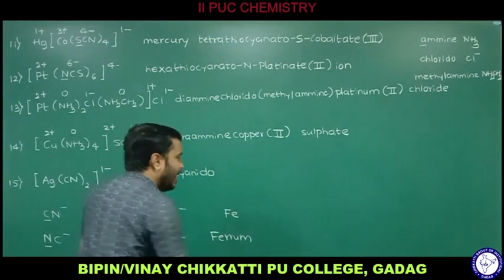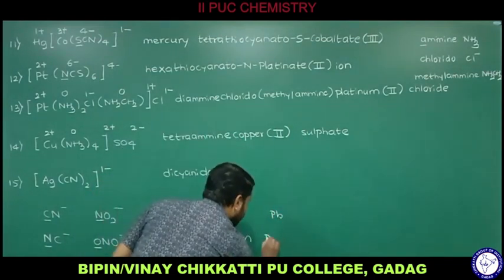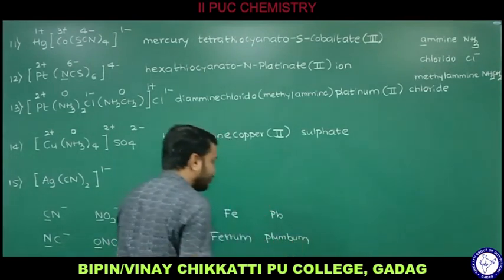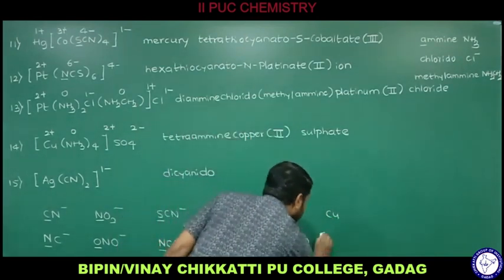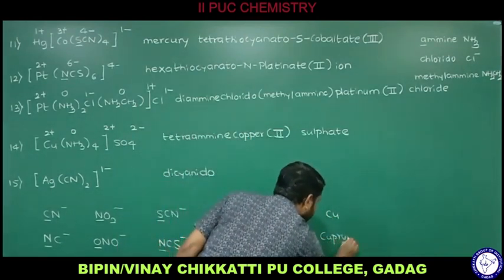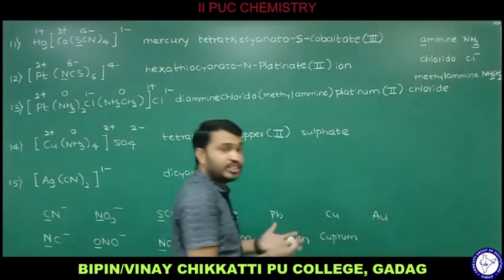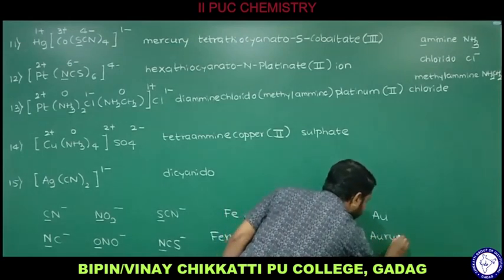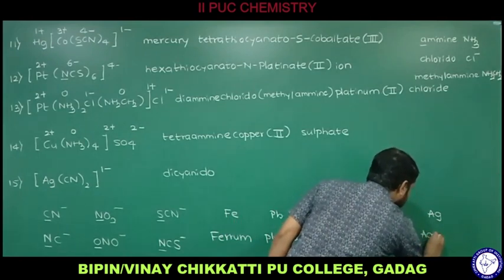Pb, lead, but in Latin it is plumbum. Cu, copper, but in Latin it is cuprum. Au stands for gold, but in Latin it is aurum. Ag is silver, and in Latin it is argentum.